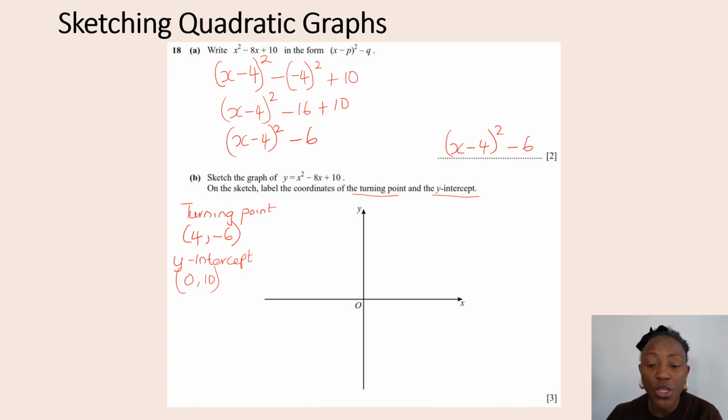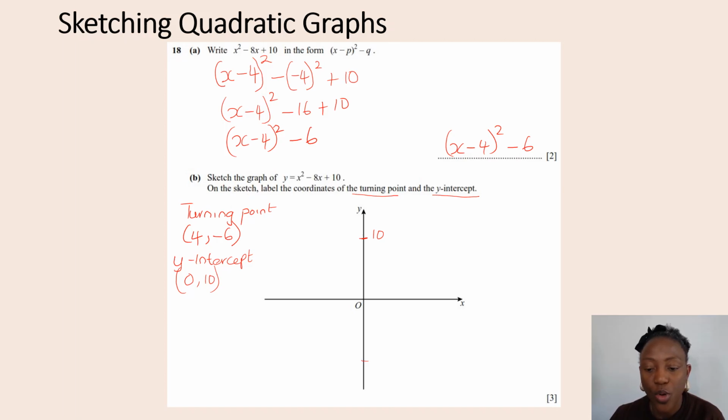All right, so we need to show 0, 10. Let's say that should be somewhere here. Okay, and the turning point is at 4, minus 6. So let's just say minus 6 is somewhere here.